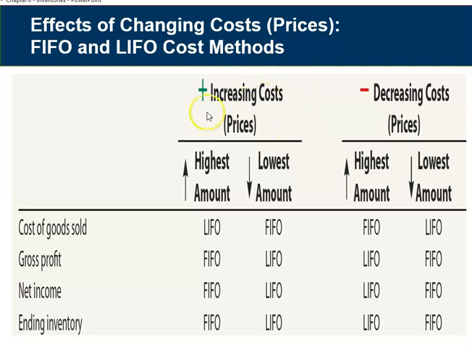If you had to master either this column or this column, I would probably tell you to master this column. Most college level textbooks deal with periods of increasing costs because that's what we see in the real world for the most part, right? Every once in a while prices go down, but for the most part prices go up. But if you can get both of these columns down, then you've just about got the chapter whipped.